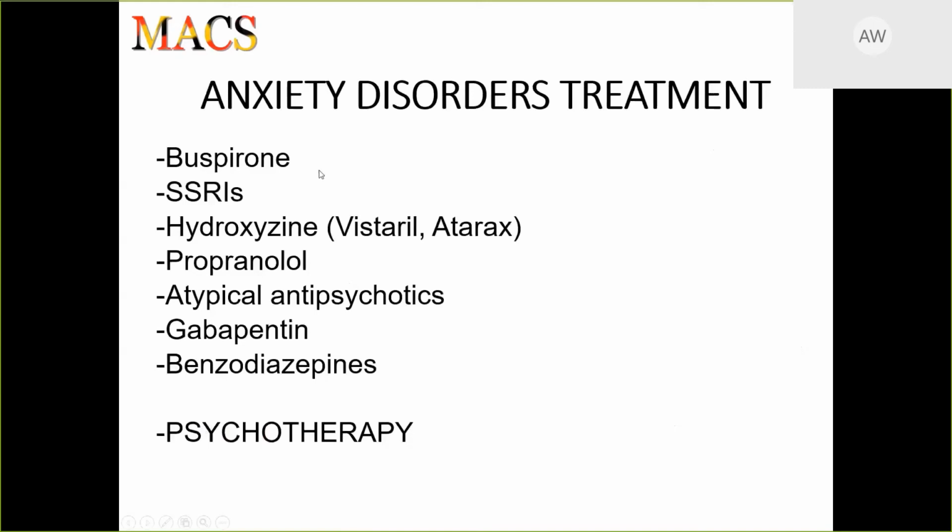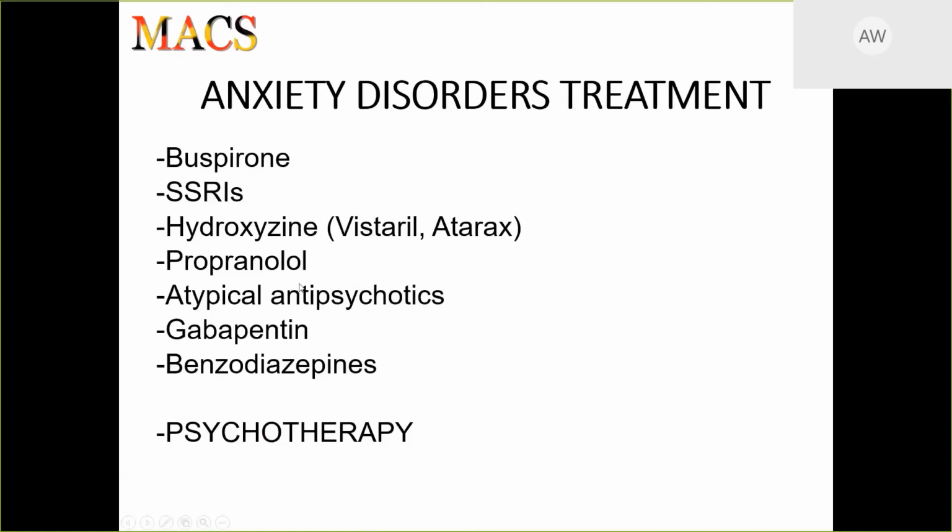But just to look at different medications that are used to treat anxiety, especially with people with substance disorders: Buspar, buspirone, the SSRIs, hydroxyzine, which people know as Vistaril or Atarax, can help some people with anxiety. Propranolol is used more for situational anxiety, like public speaking.